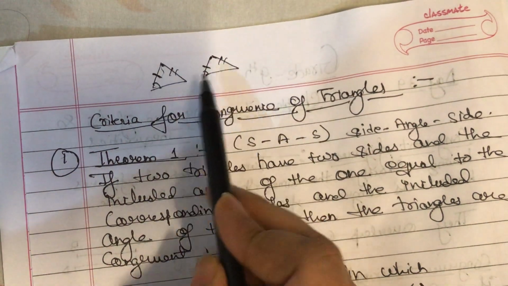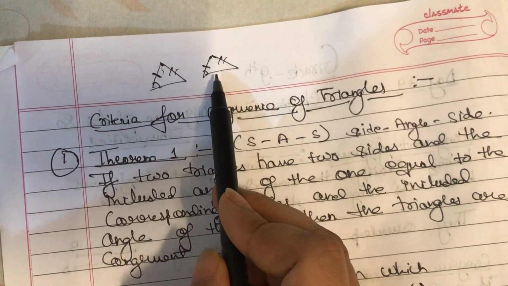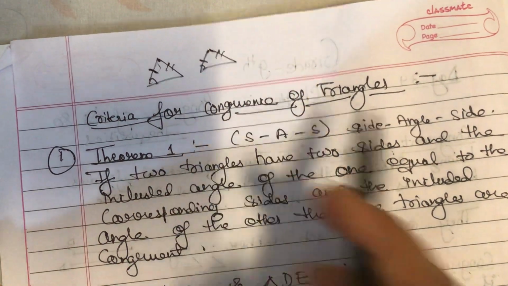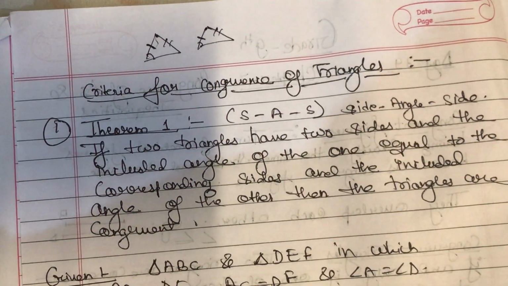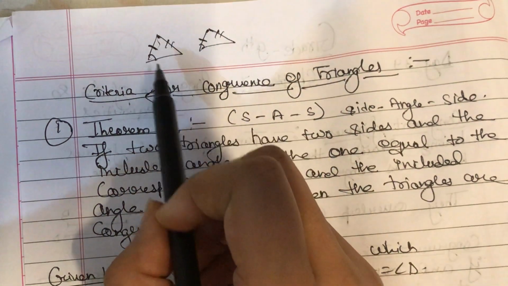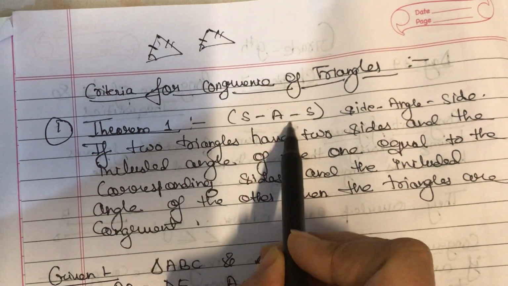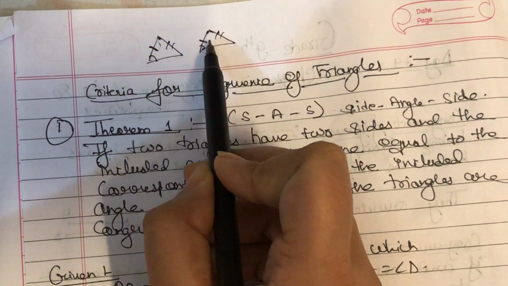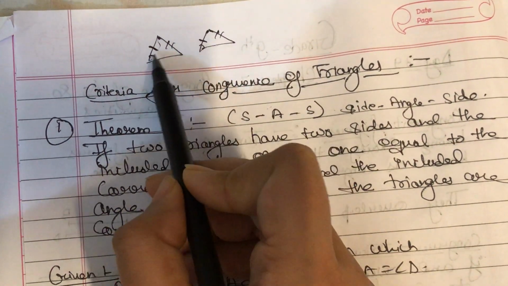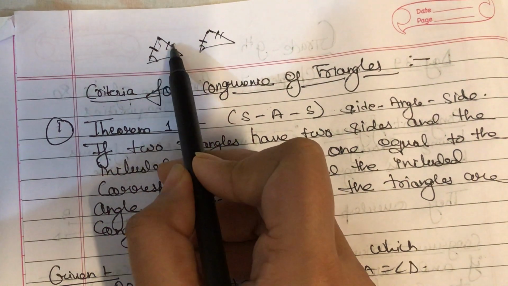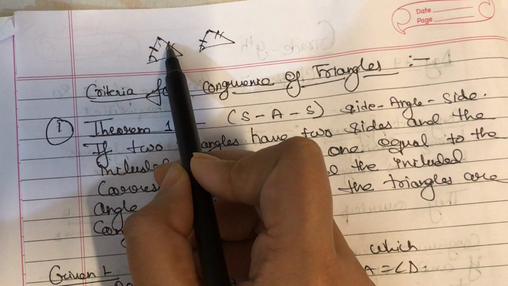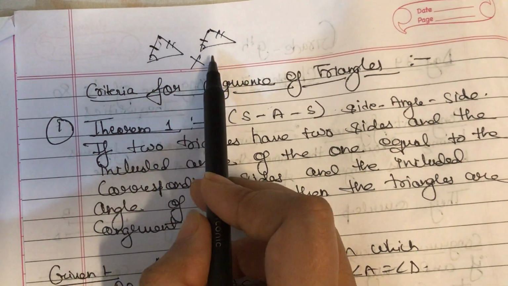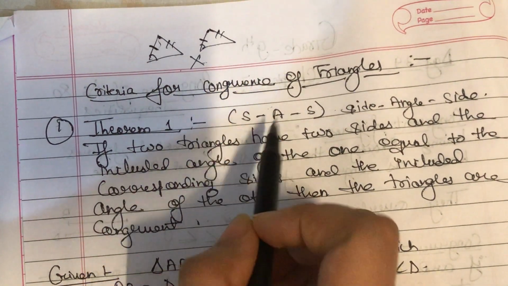Now, do these two triangles lie in the category of SAS? No. Why? Because SAS means the angle is between the equal sides, isn't it? But this angle, which is equal to this angle, doesn't lie in between the two equal sides. Therefore it doesn't come under the criteria of SAS.